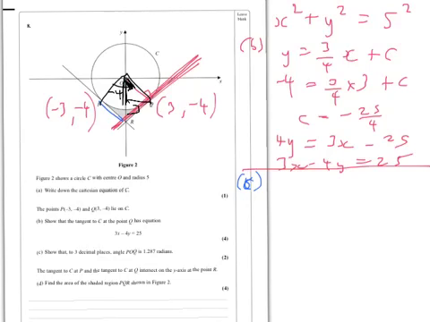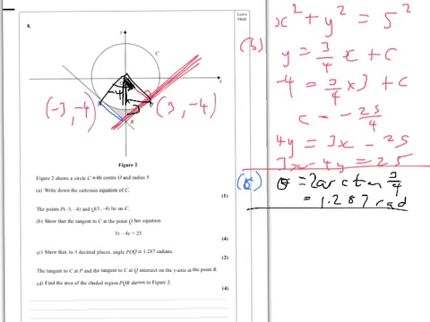So theta equals twice the inverse tangent of 3/4, and that's the working out that we're looking for. That gives us 1.287 radians, again, as required.